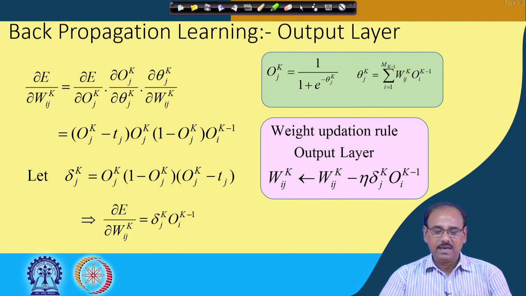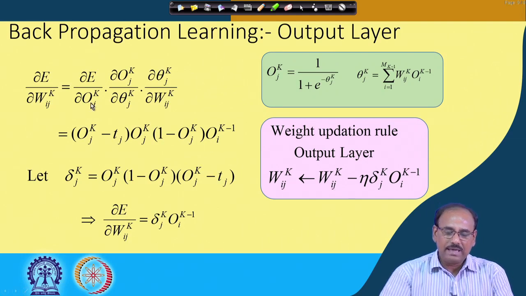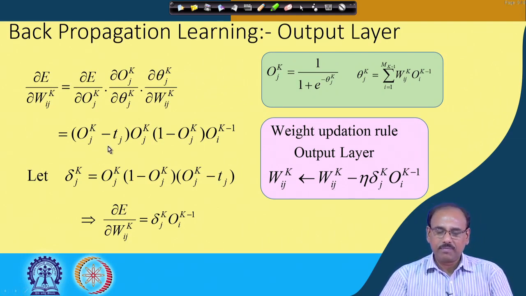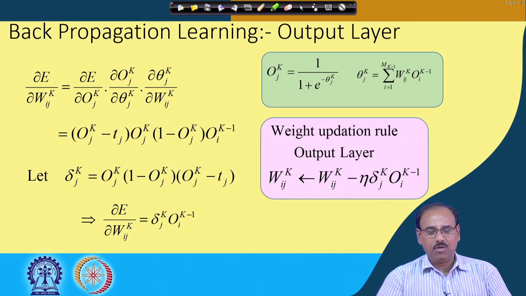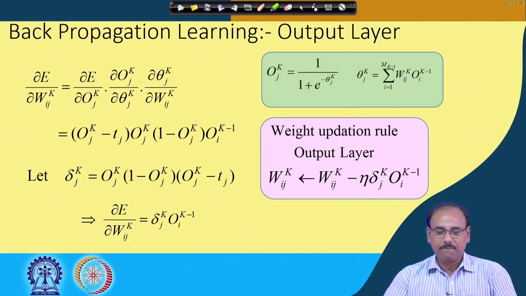If you compute this, you find that del E del Ojk simply becomes Ojk minus Tj, because E was half of Ojk minus Tj squared.